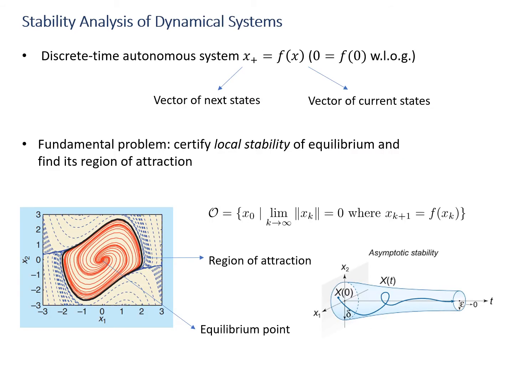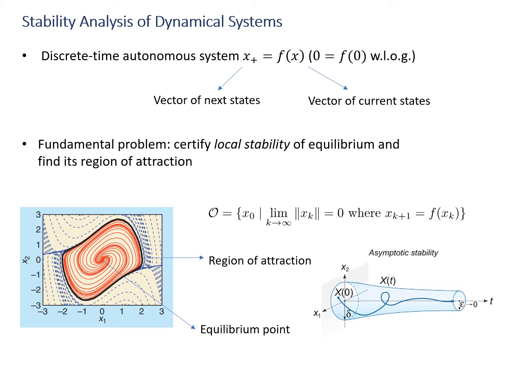To formalize our problem, let's first review the notation in this work. We consider the discrete time autonomous system x plus equals f of x, where f is a continuous function, x is a vector of the current state, and x plus is a vector of the next state. Without loss of generality, we can assume that f of 0 equals 0, which means that the origin is the equilibrium of the system.